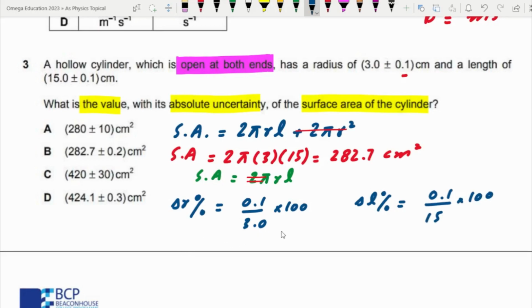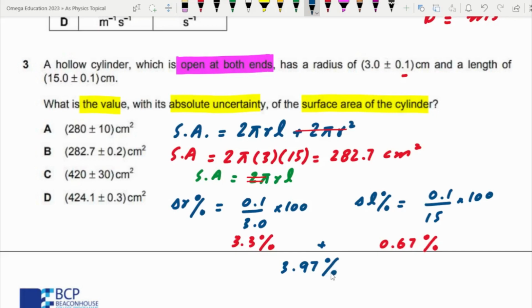Hit both of them on the calculator. Now what is the total uncertainty? You add the two percentage uncertainties, this answer plus 3.3, so we get a total of 3.96666. I'm going to write it as 3.97.